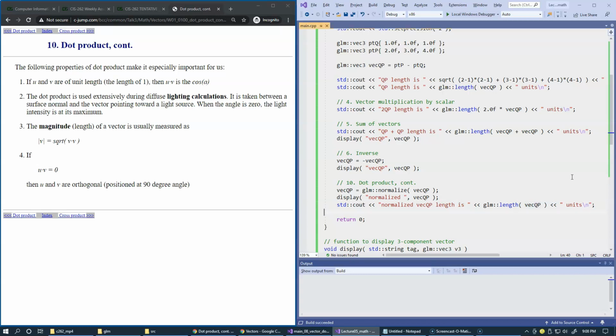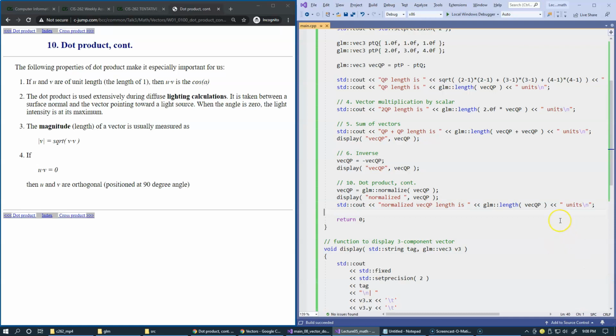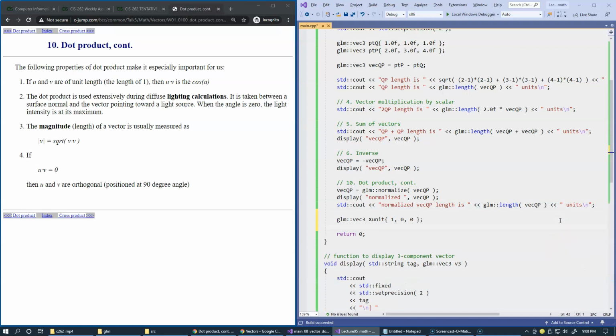So let's actually compute a dot product using GLM. For this, let's add another vector. I call it x unit. If we have our system of coordinates x, y, and z, then this unit vector is looking in the direction of the x-axis because y and z are 0.